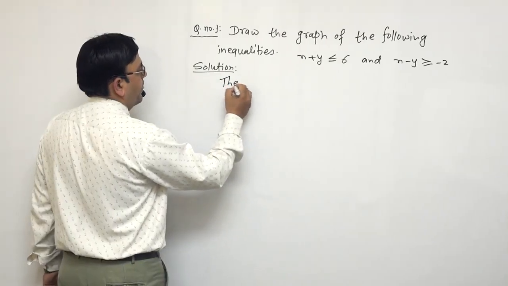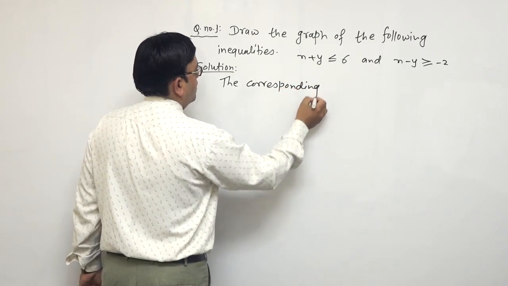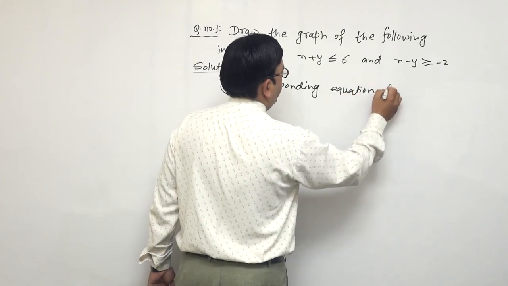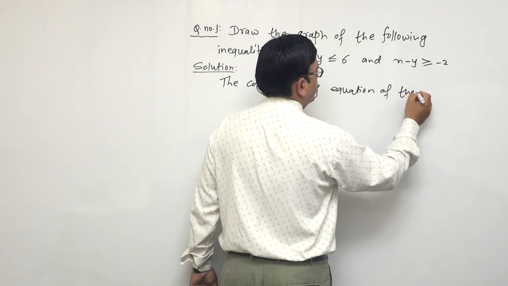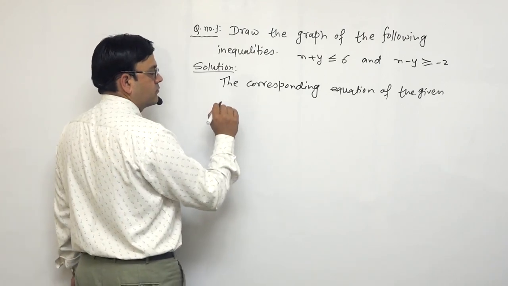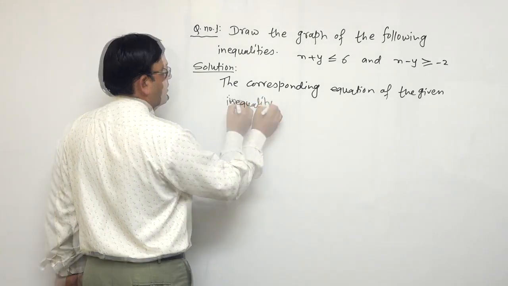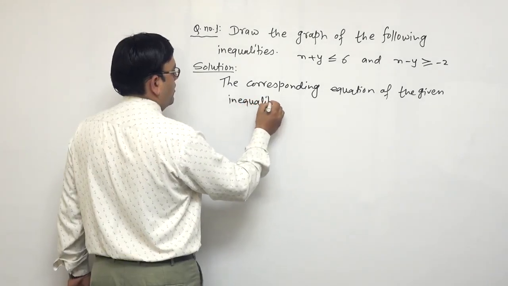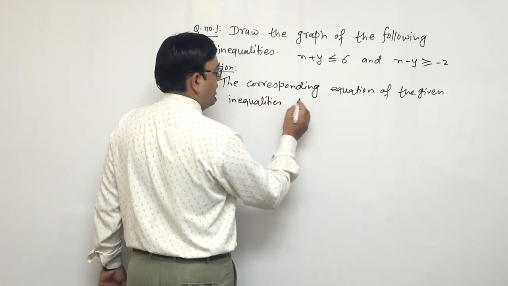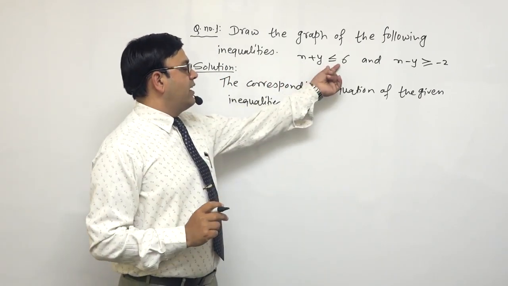The corresponding equation of the given linear programming inequalities. The given inequalities are x plus y is less or equals to 6.